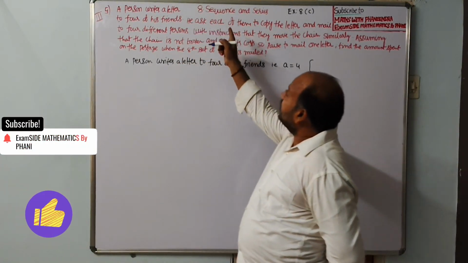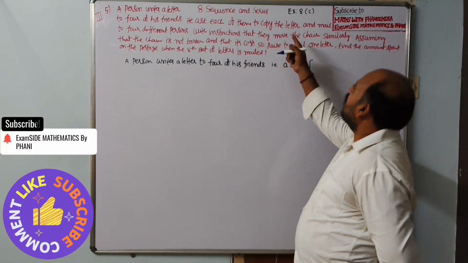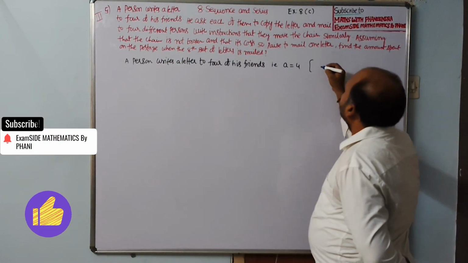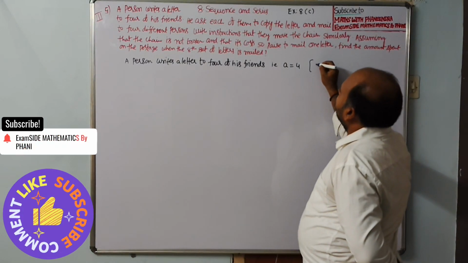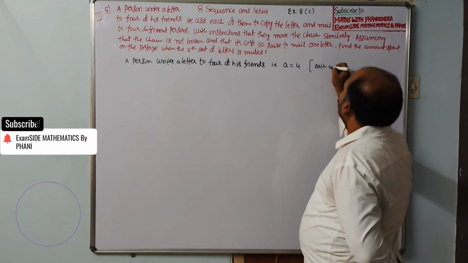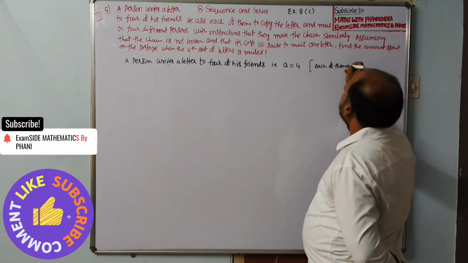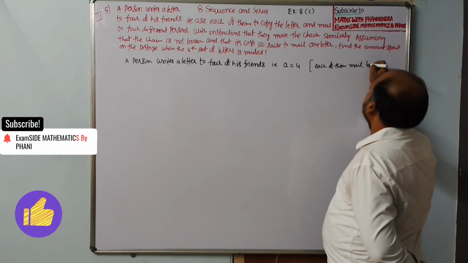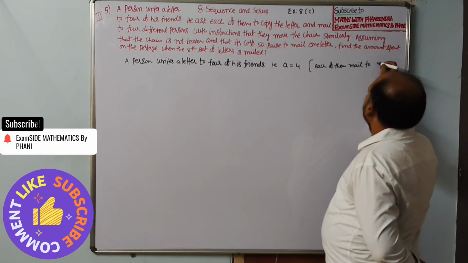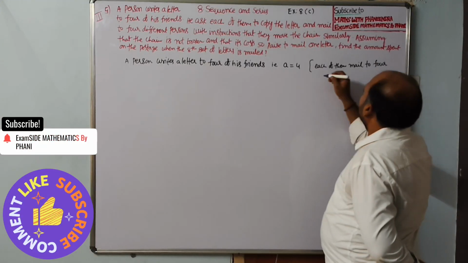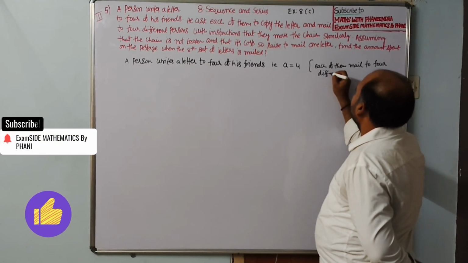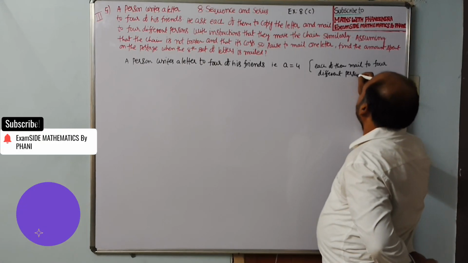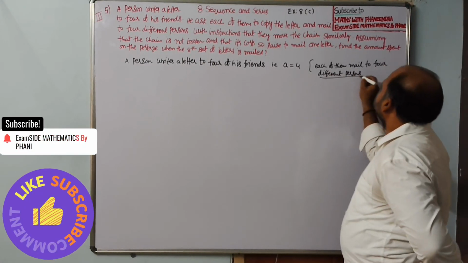He asked each of them to copy the letter and mail to 4 different people, so each of them mails to 4 different persons.